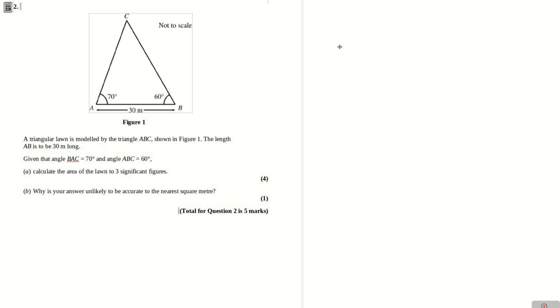Okay, now, one thing that you need to be able to do this question is you've got to know a general formula for working out the area of a triangle.